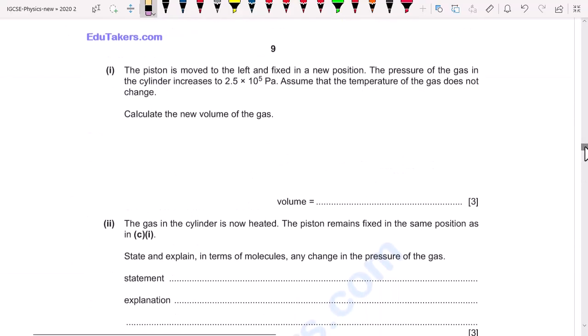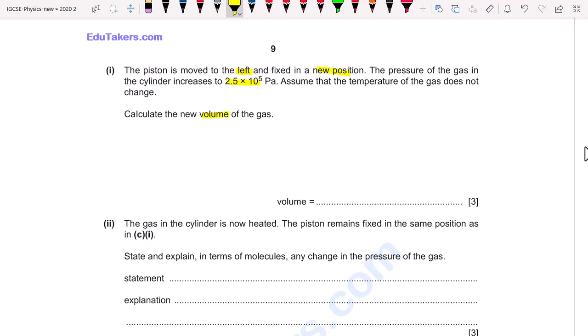Part 1. The piston is moved to the left and fixed in a new position. The pressure of the gas in the cylinder increases to 2.5 into 10 to the power 5 Pascal. Assume that the temperature of gas does not change. Calculate the new volume of gas.